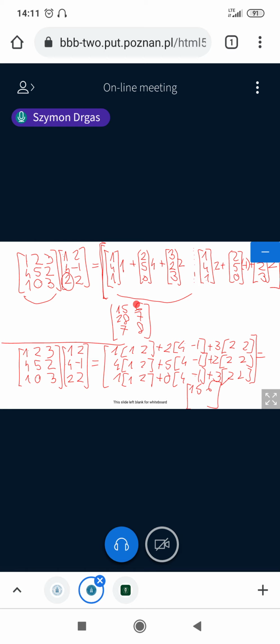In the second row, we have 4 plus 20 plus 4, which is 28. And then we have 8 minus 5, which is 3 plus 4, 7, and then we have 1, 2, plus 6, which is 8. So I think that you can remember these three kinds of ways to find these linear combinations in matrix multiplication.